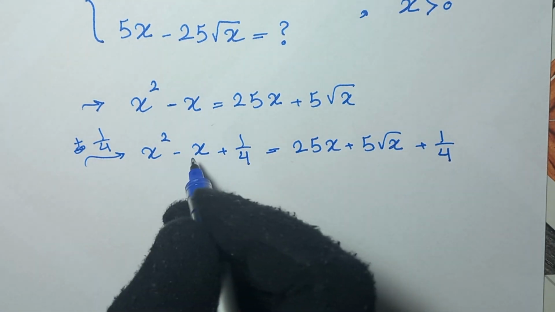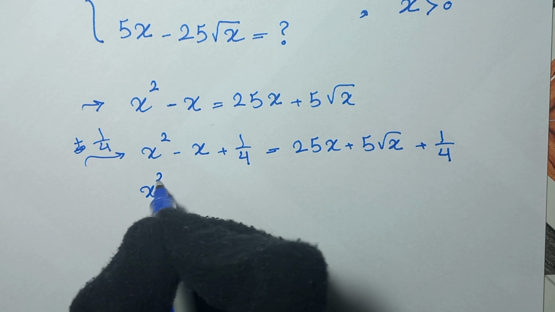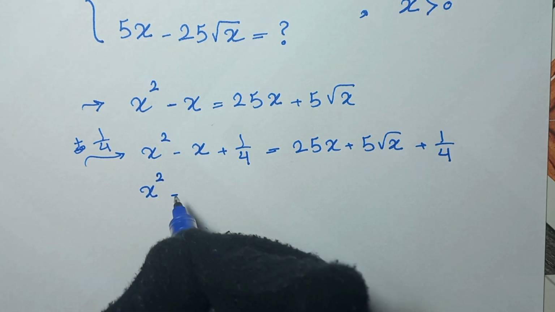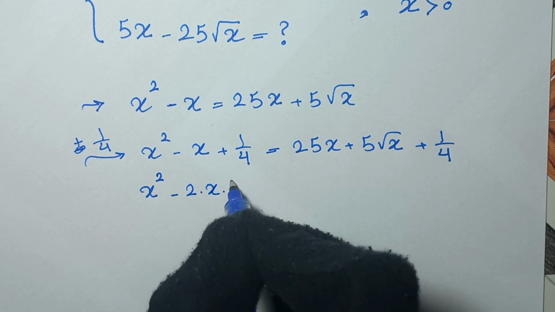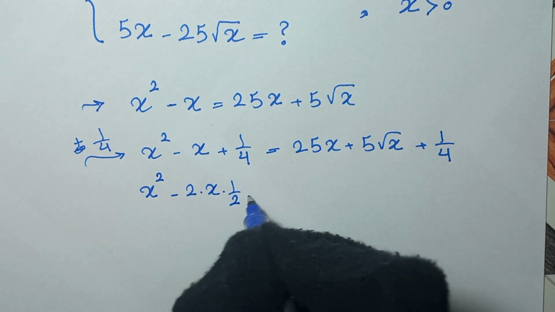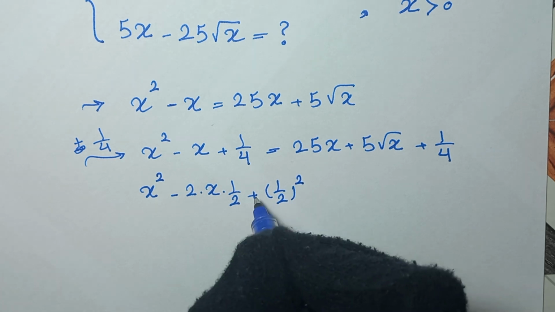And here we can write this as x squared minus 2 times x times 1 over 2, plus 1 over 4, and we can write that as 1 over 2 to the power of 2, right?